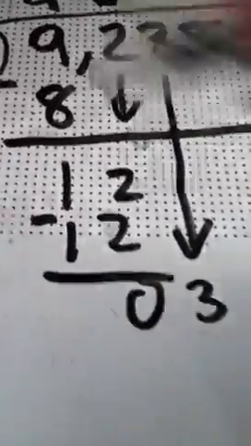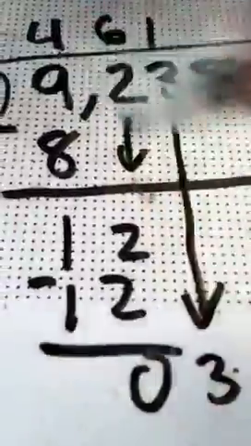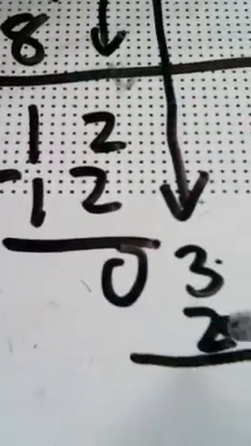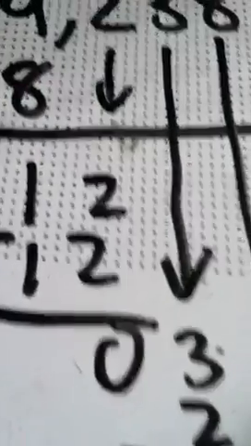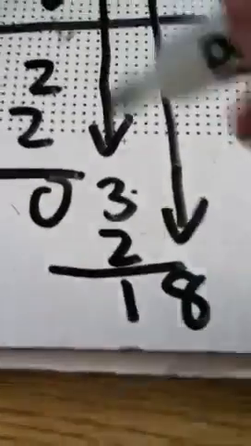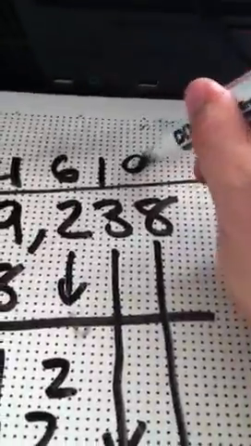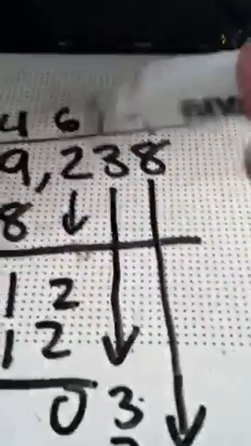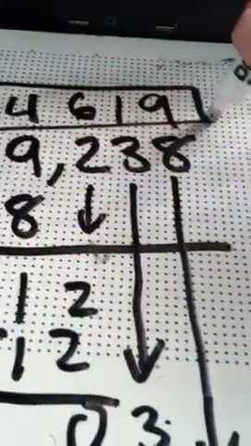Bring down my 3. 2 goes into 3 1 time. 1 times 2 is 2. Subtract. 3 minus 2 is 1. Bring down my 8. 18. 2 goes into 18 9 times. 9 times 2 is 18. I get no remainder.